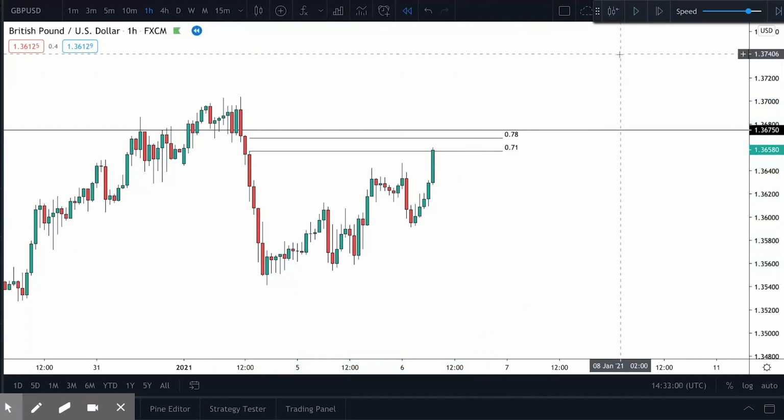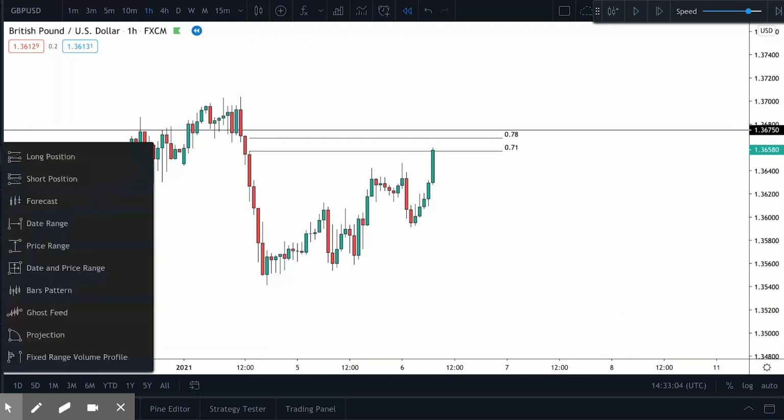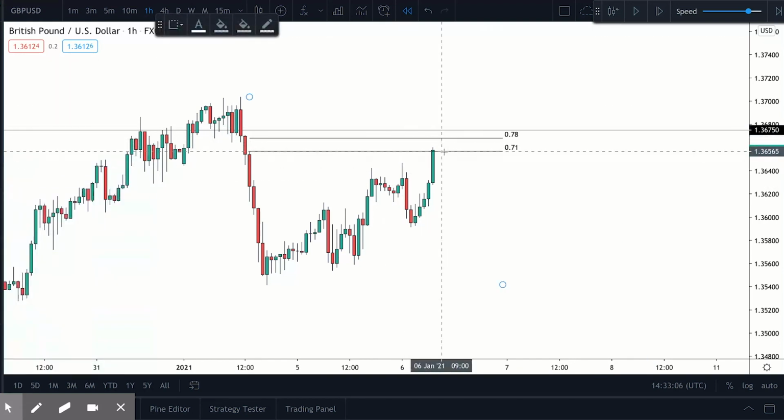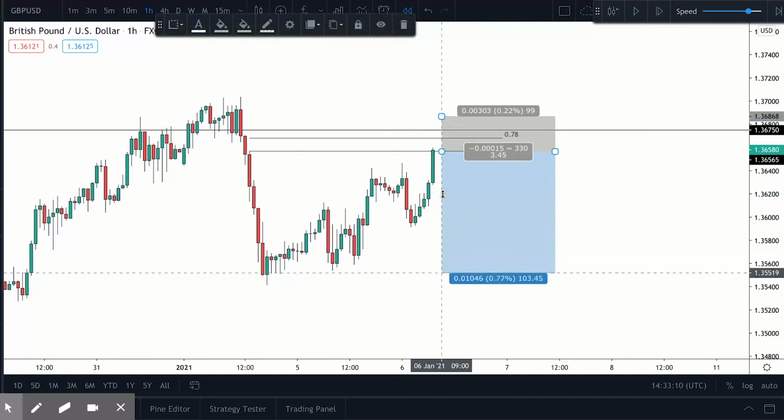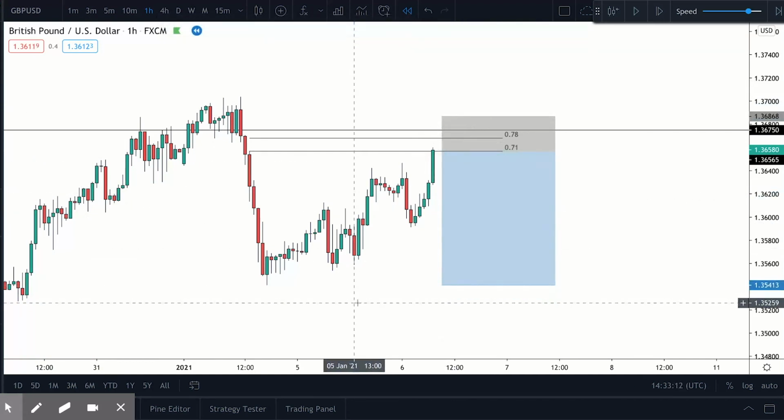What these fib levels are useful for is if you want to use sell limits or buy limits in your trading: automatic orders that sell when price reaches a certain level, or automatic orders that buy when price reaches a certain level. You want to use those on these Fibonacci levels, or you can just use them as an additional confluence for reversals. This is when they become most useful, all right?